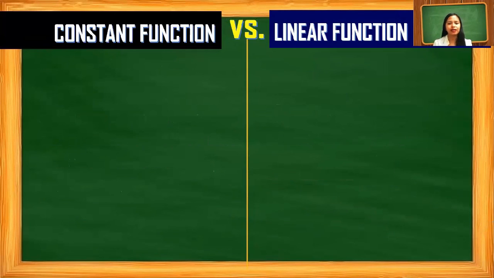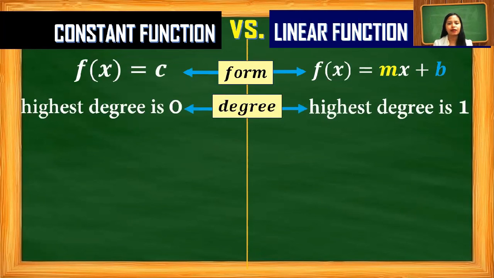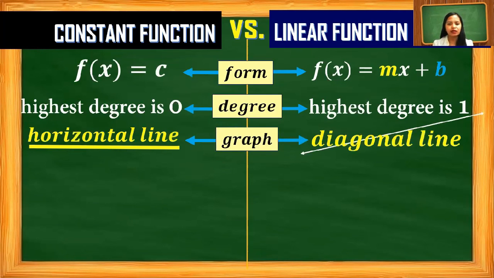Now, let's differentiate a constant function versus a linear function in some cases. When we are going to talk about the form of a constant and linear function, this will be their difference. The degree of a constant function is 0, while the degree of a linear function is 1. The graph of a constant function is a horizontal line and the graph of a linear function is a diagonal line.